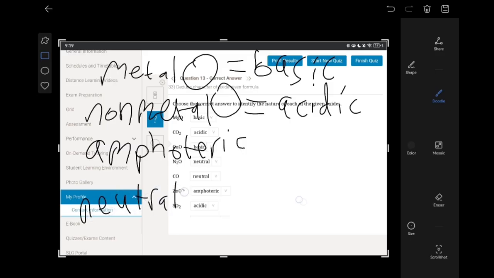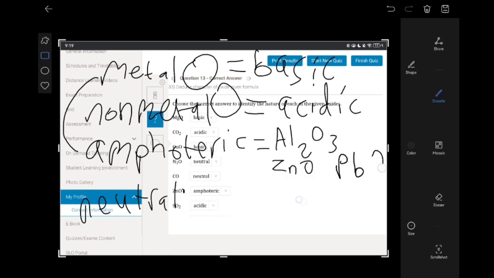For these, it's three metal ones: Al2O3, ZnO, and PbO. These three can react as either acid or base depending on what they're reacting with.